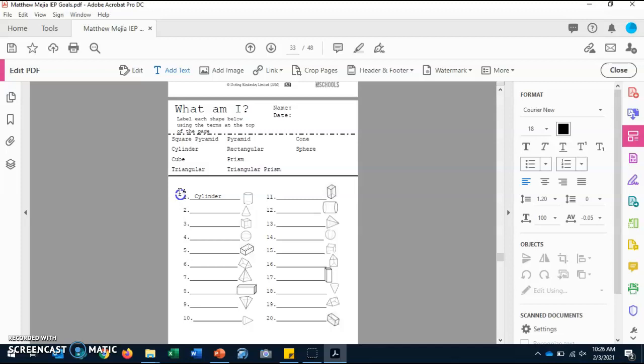And then the next one, how about we do number 11? Do we know what 11 is? Yes, good job. This right here is a rectangular.